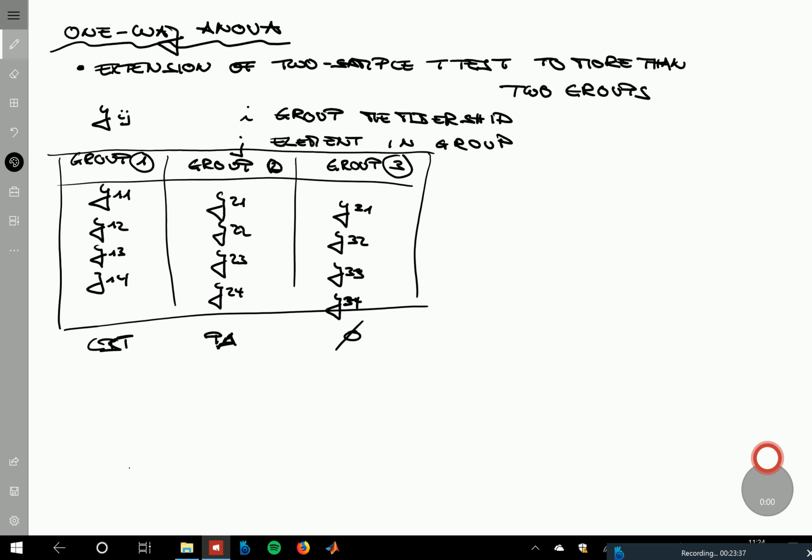So think of your favorite study question, but think of independent experimental units. So it's not the same participant measured across the different treatments, but whatever you like. Yeah?